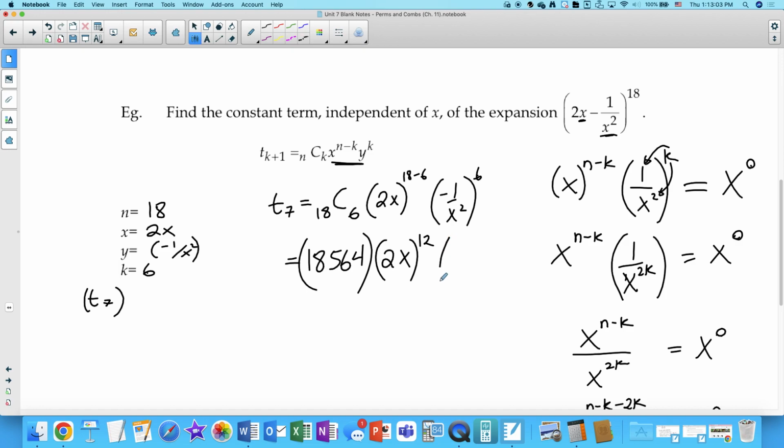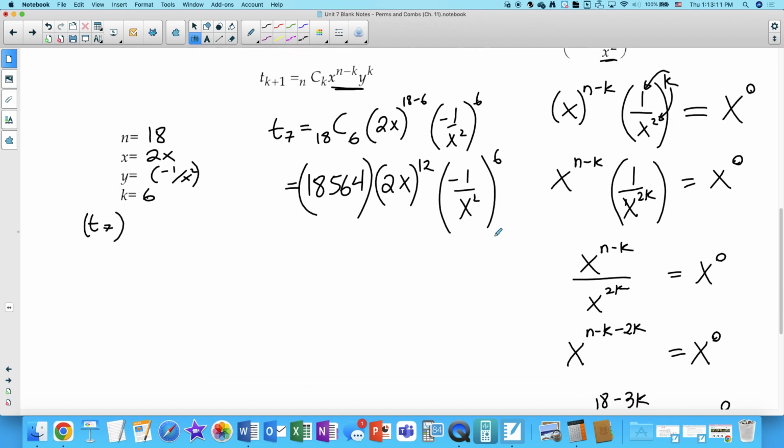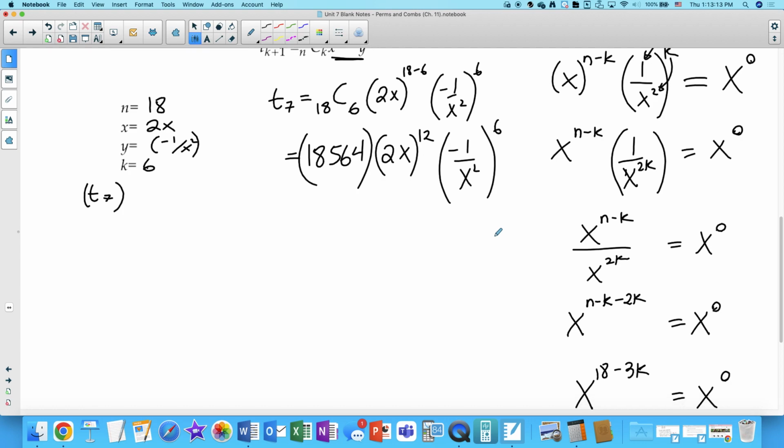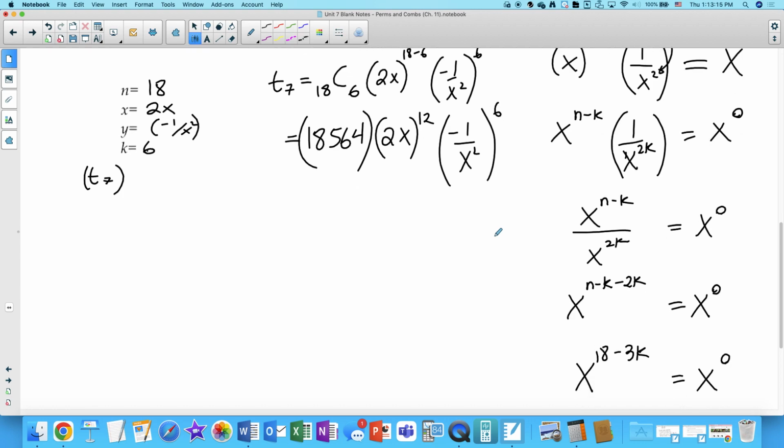Okay, and then negative 1 over x squared to the 6. So I'm just choosing to take a couple extra steps here. 18,564. So 2x to the 12. 2 to the 12 is a lot. 4,096.